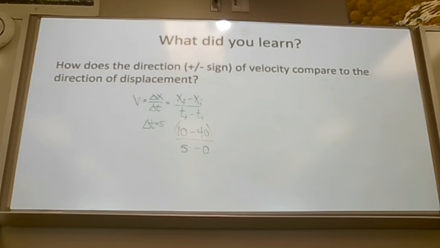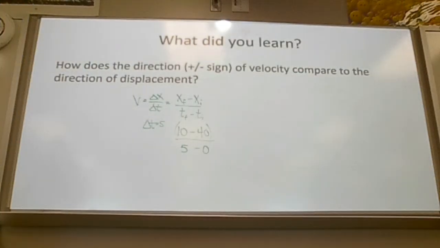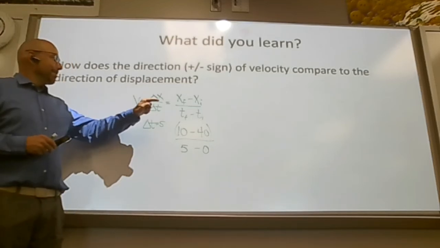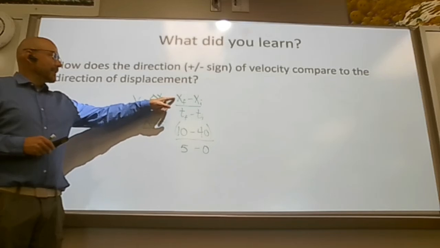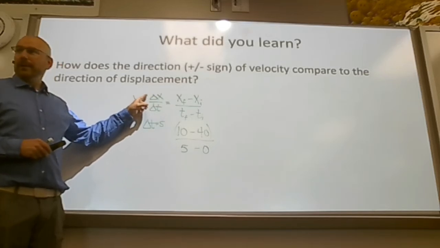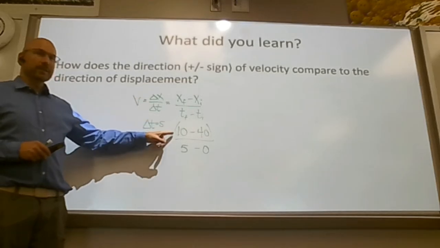Now, how does the sign, the direction of velocity compare to the sign of displacement? Is it the same? Is it the opposite? It depends. Is it possible for displacement to be negative? We just did that.